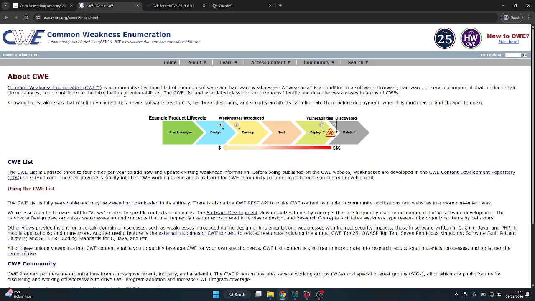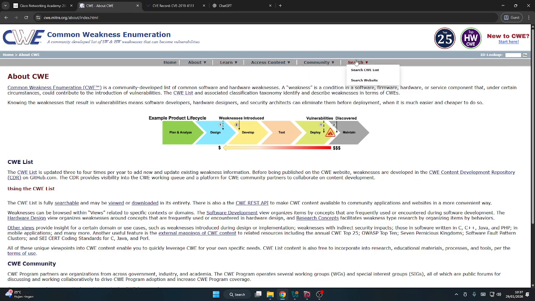Common Weakness Enumeration is a community-developed list of common software and hardware weaknesses. A weakness is a condition in the software, firmware, hardware, or service component that, under certain circumstances, could contribute to the introduction of vulnerabilities. The CWE list and associated classification taxonomy identify and describe weaknesses in terms of CWEs.